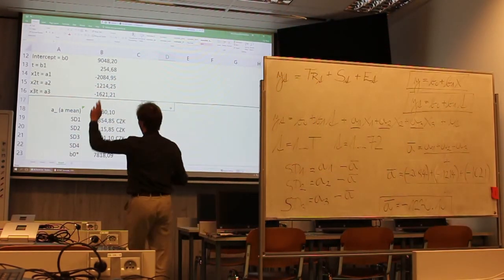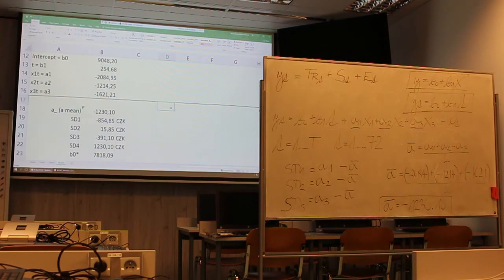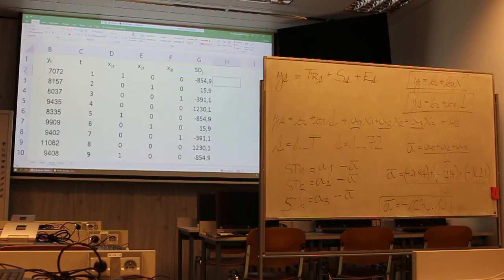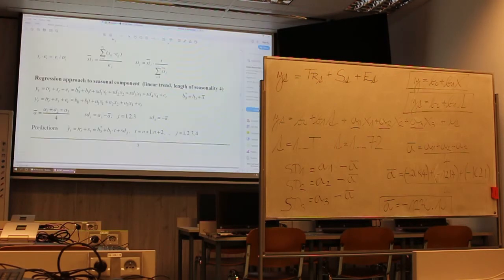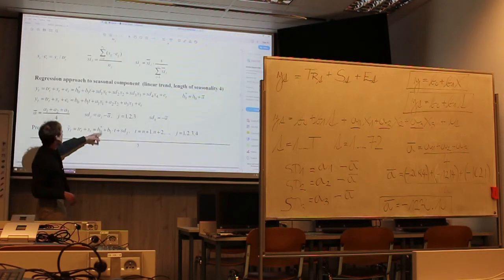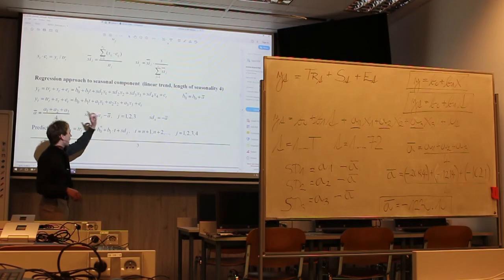So, fitted trend. Again, I will return to sheet 3. The fitted trend, TR in time t, trend in time t. The formula is B0 star plus B1 times t.